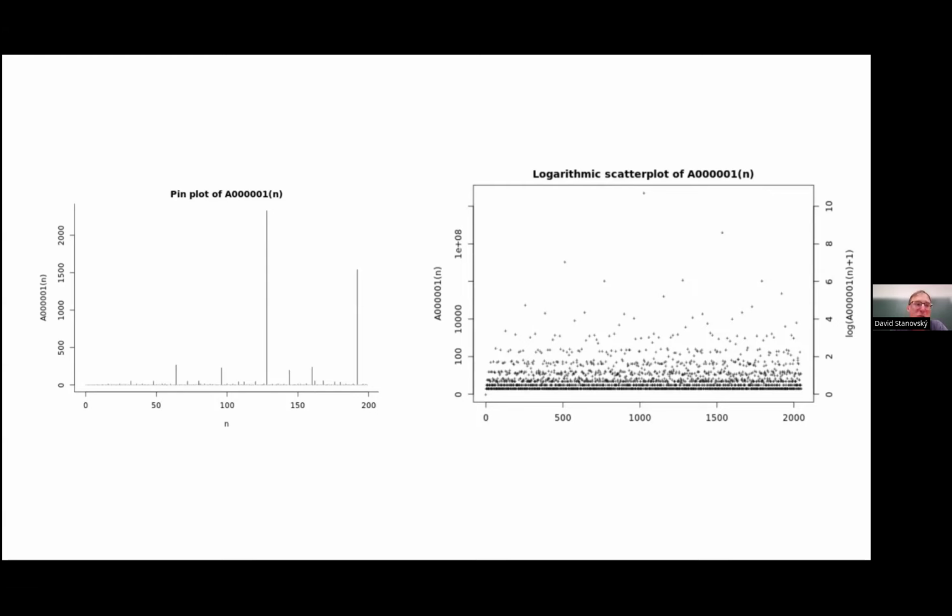So you see that for powers of two, the number of groups grows relatively fast. It's maybe not exponential. If it was exponential, it would be approximable by a line, right?